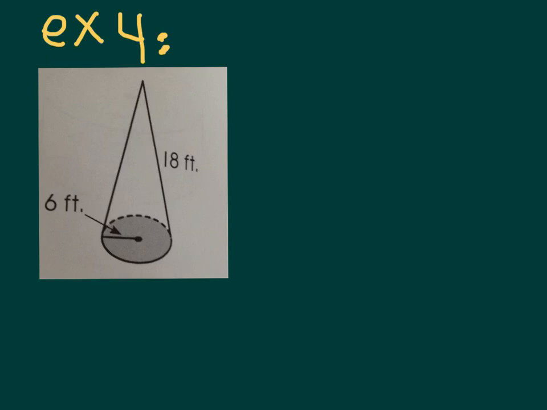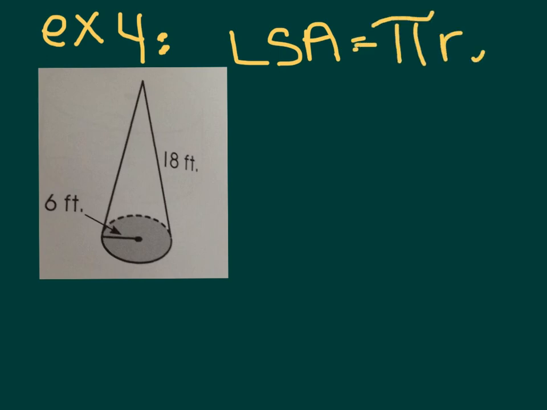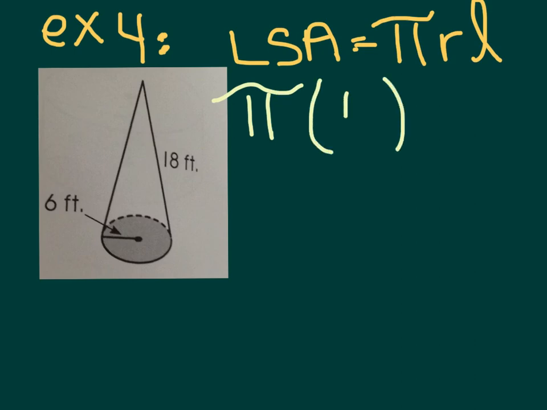This is our last example. We have a cone and we're going to be finding both surface areas of it. So lateral surface area, we got to do pi rL. So right here, we're going to plug in, we got pi. Your radius is 6.